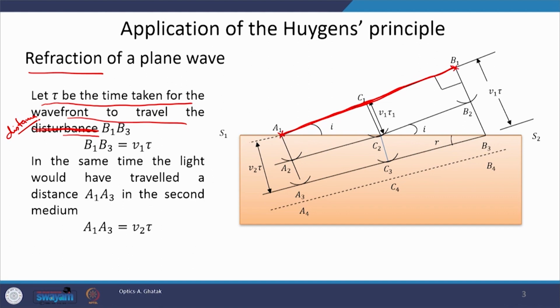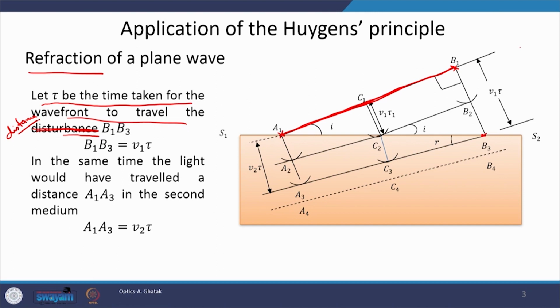Point B1 will take some time to reach the interface, and it will fall at point B3 at the interface. Now suppose point B1 takes time tau to reach B3.